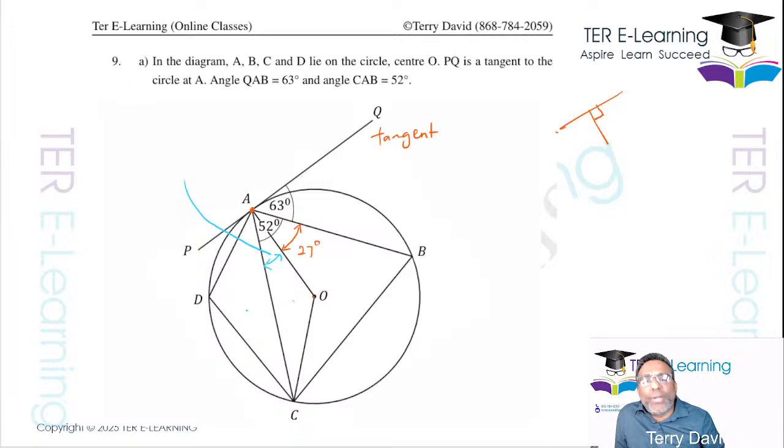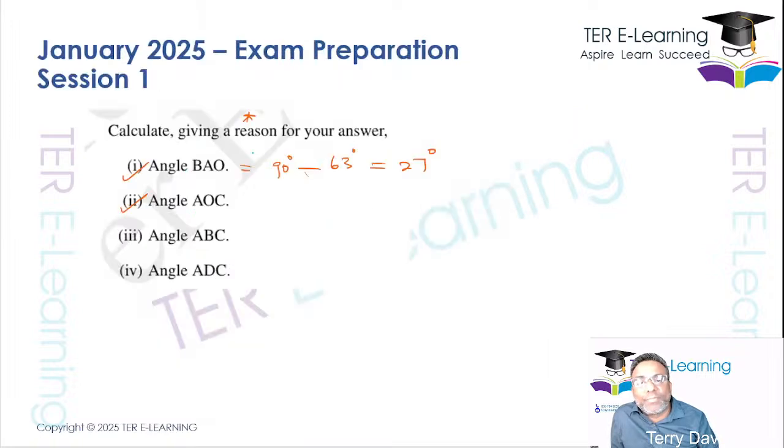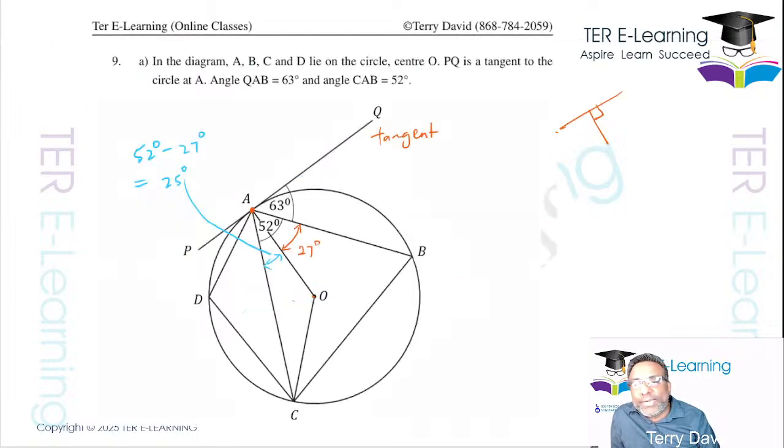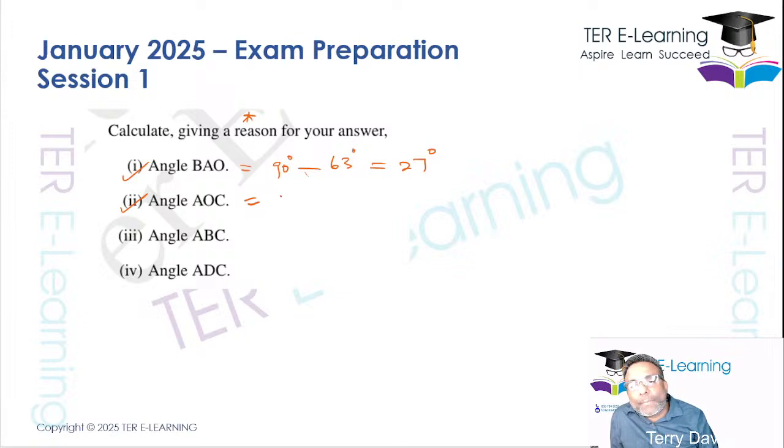All we're going to do is take 52 and minus 27, and you're going to get 25. So yes, you are all correct. 52 minus 27. That's correct.